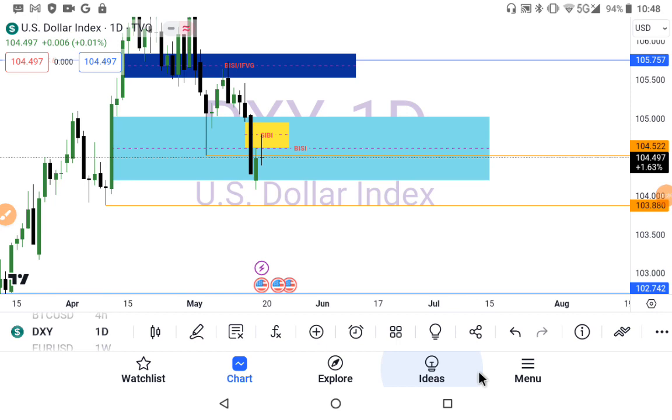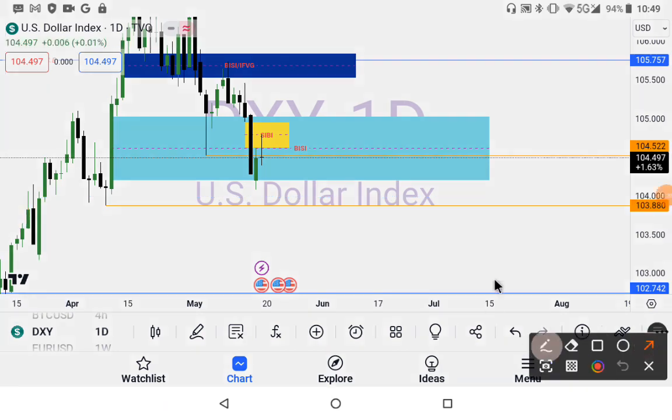Let's pick it from the 5th. That was 3 weeks ago. 3 weeks ago, we were watching 104.522 on the dollar index, and a possible movement into 103.880.